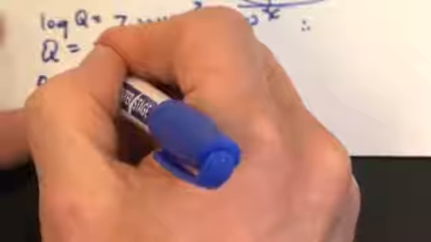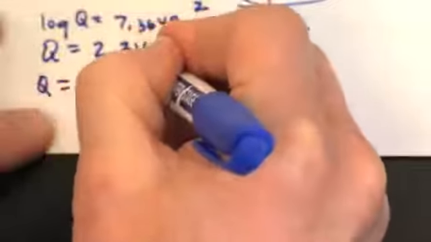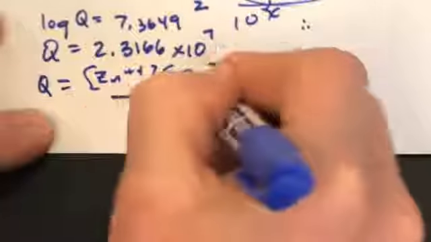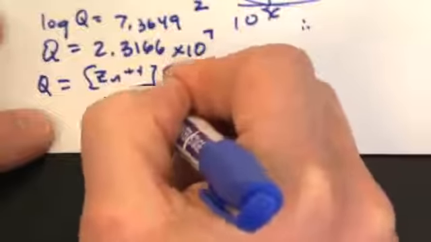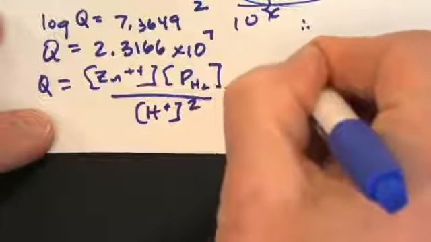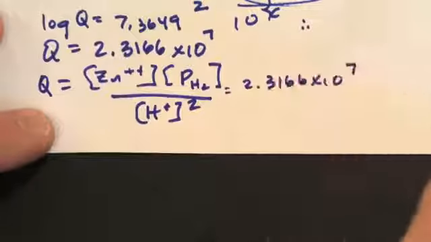And if we write the expression for Q, Q is equal to zinc positive 2 times the pressure of hydrogen divided by H plus squared, and this is all equal to 2.3166 times 10 to the 7th.